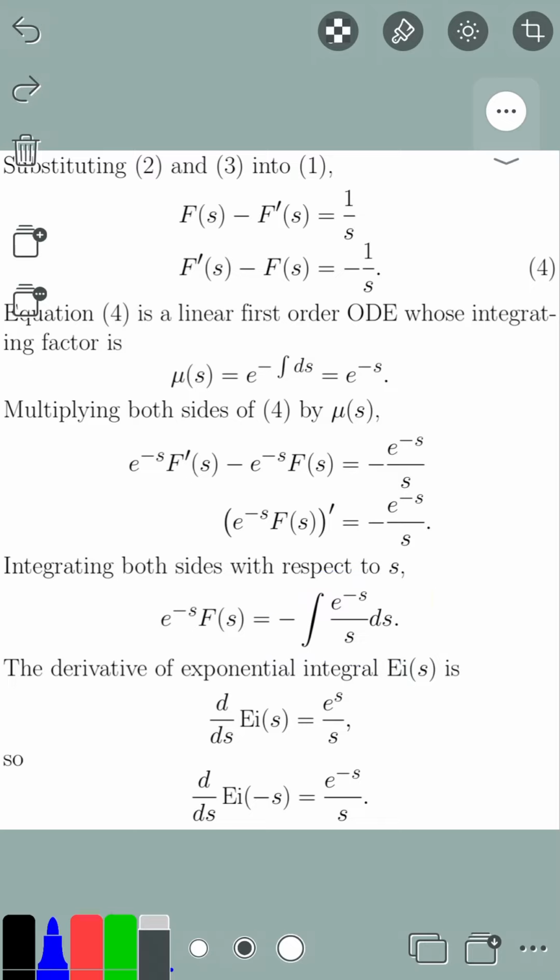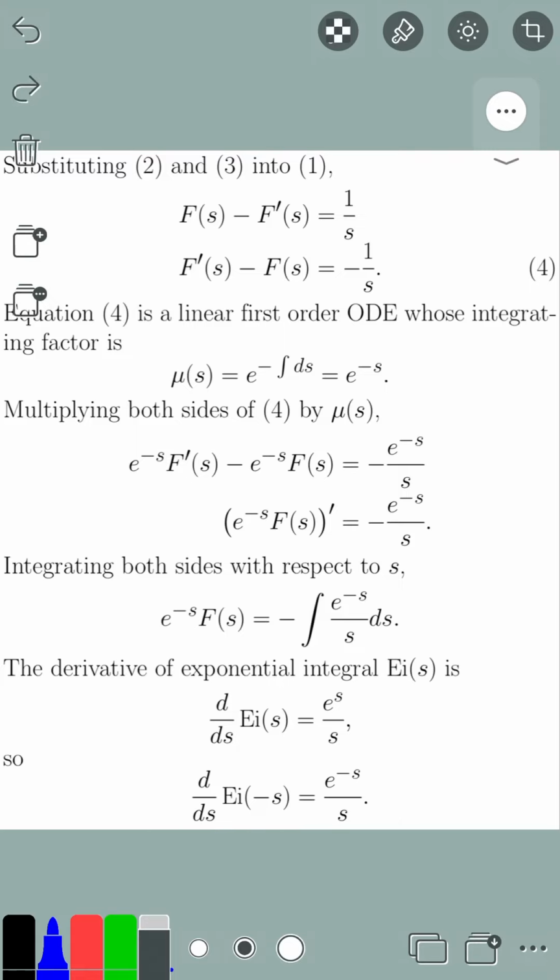The derivative of the exponential integral is e to the power of s over s. This is the derivative of the exponential integral Ei of s. Then applying the chain rule, the derivative of Ei of negative s is equal to e to the negative s over s.